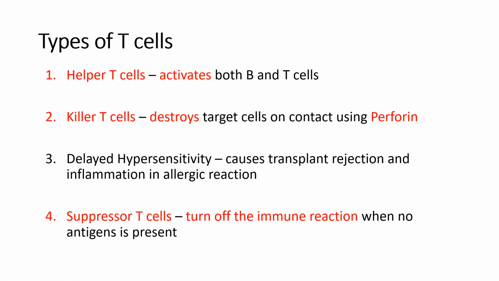So once your immune response has cleared up any pathogen that's in the body, you need to turn off or turn down that immune reaction. And this is essential because you don't want to be having an immune response when there's no pathogen present. That could lead to inflammation or allergic reactions as outlined in point 3.